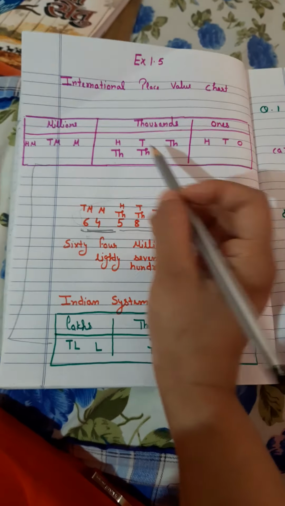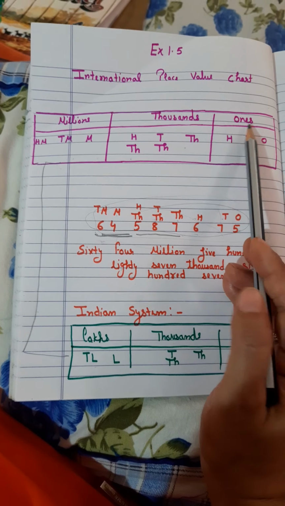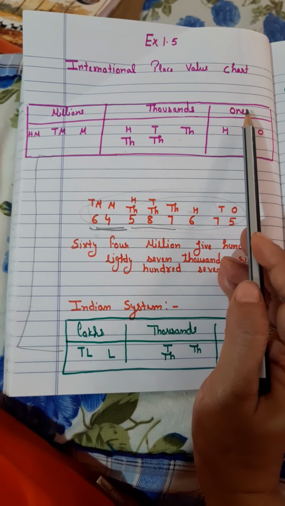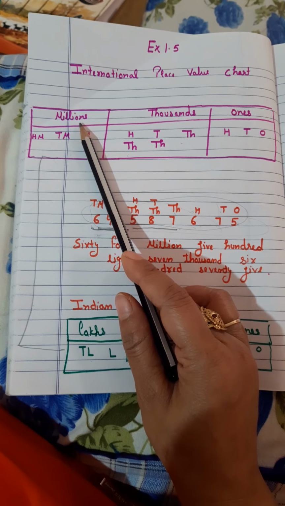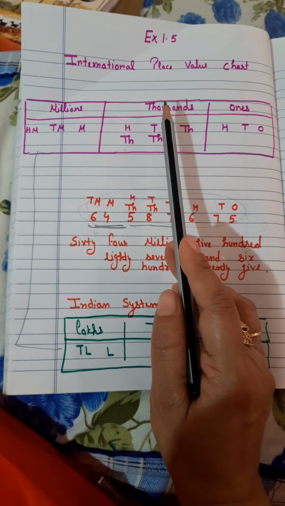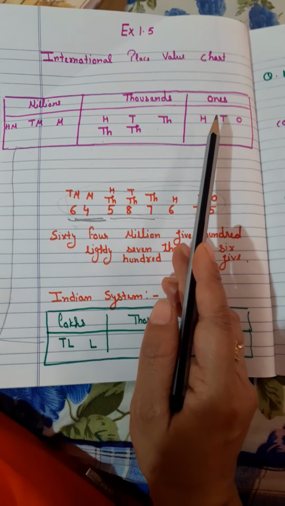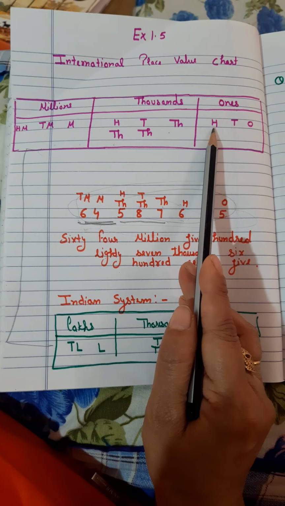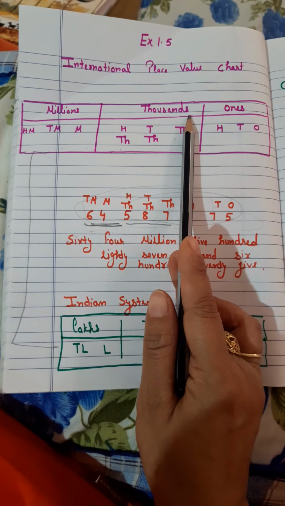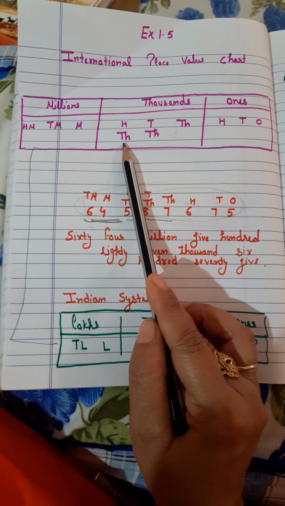Clear? Now the international place value chart. The periods are ones, thousands and millions. Under ones we have the places ones, tens, hundreds. Under thousands we have thousands, 10,000s and 100,000s.